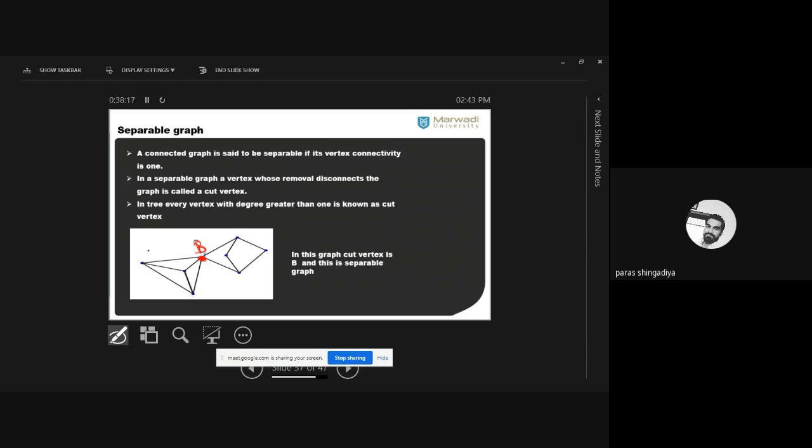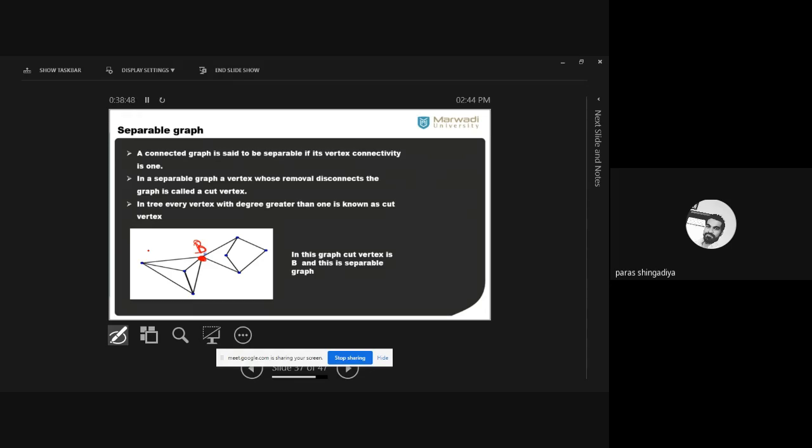If you delete B from this graph, we can easily make the graph into two parts. So this graph is called a separable graph, and in this graph the cut vertex is B. B is called a cut vertex because by using it we can make the graph disconnected. A vertex whose removal makes the graph disconnected is known as a cut vertex. So here B is known as a cut vertex.